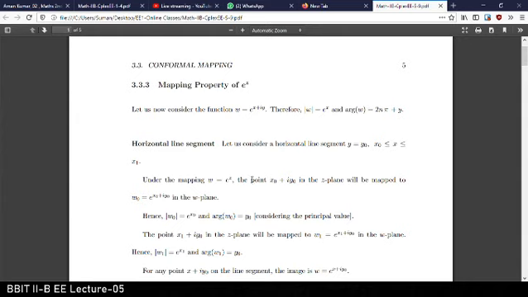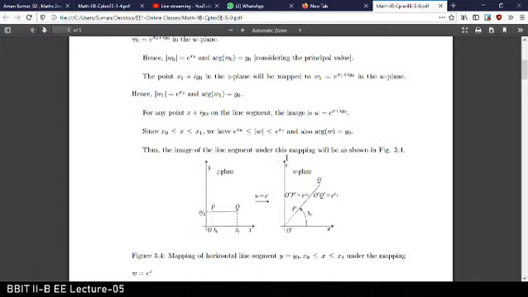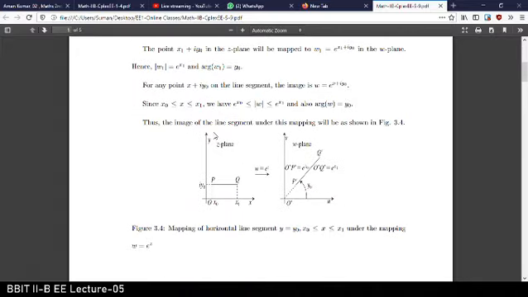Now under this mapping, consider a point x0, y0. Suppose one line segment is a horizontal line segment, meaning on this line segment the y coordinate is fixed at y0, there is no change, only x is changing, from x0 to x1.